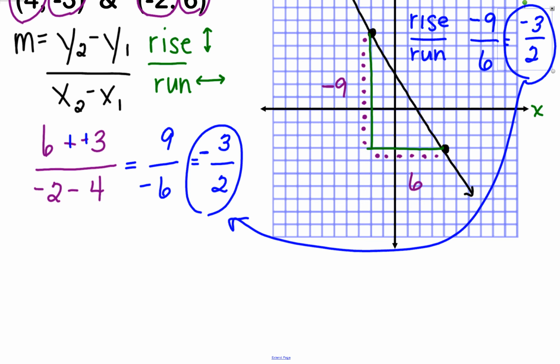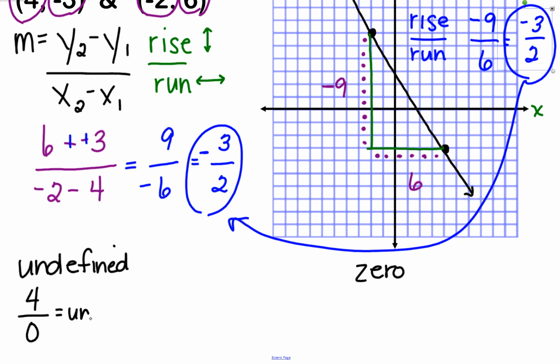There are a couple of things that I just want to note. We have 2 special slopes that we call undefined and 0. When I use the slope formula, an undefined slope would look something like 4 over 0, which I can't divide out, so I get an undefined answer.